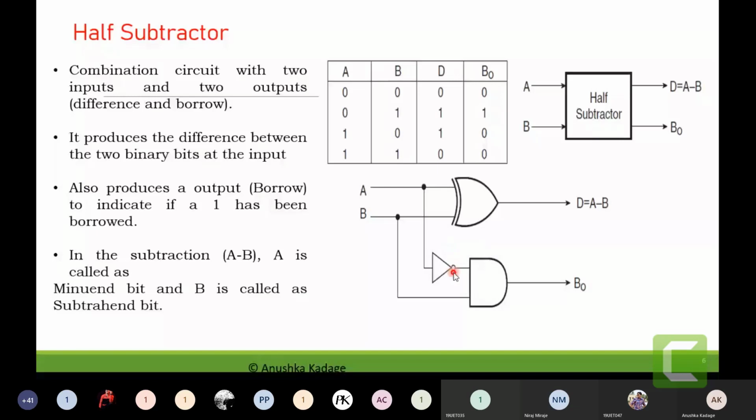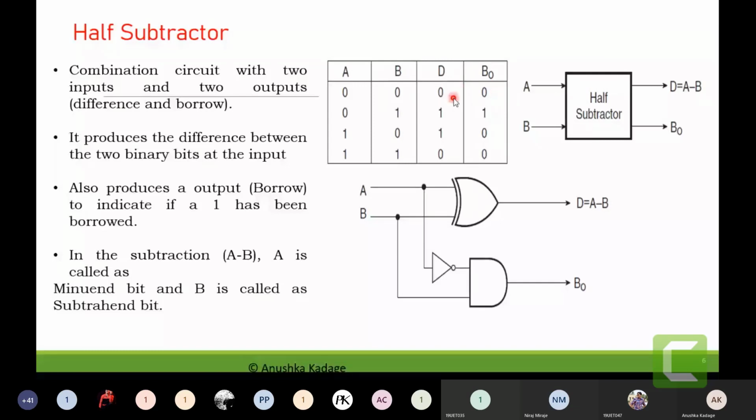This is a logical understanding that I am telling, but instead of this, you can write a two variable K-map, once for D and once for B0, as I have specified for the full addition operation.